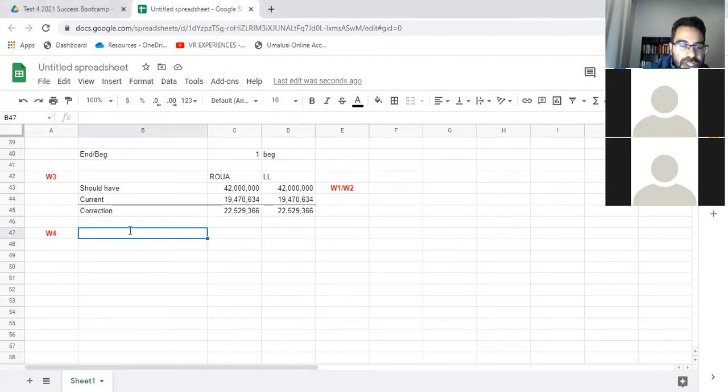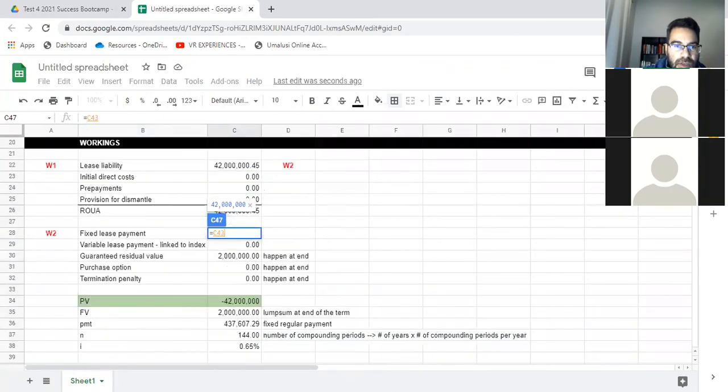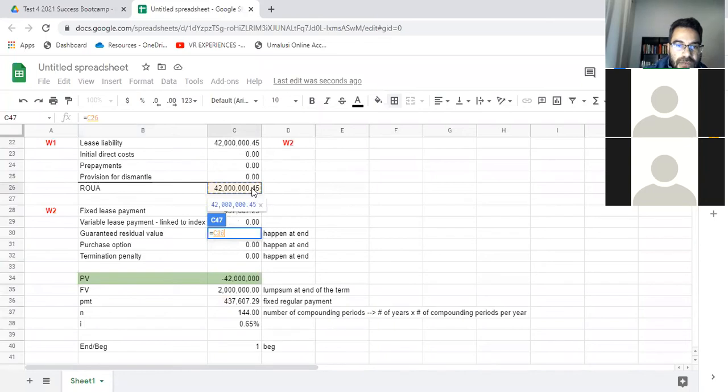So for depreciation, it is costs, useful life, and that will give us an annual depreciation. Okay, so the cost is that 42 million.